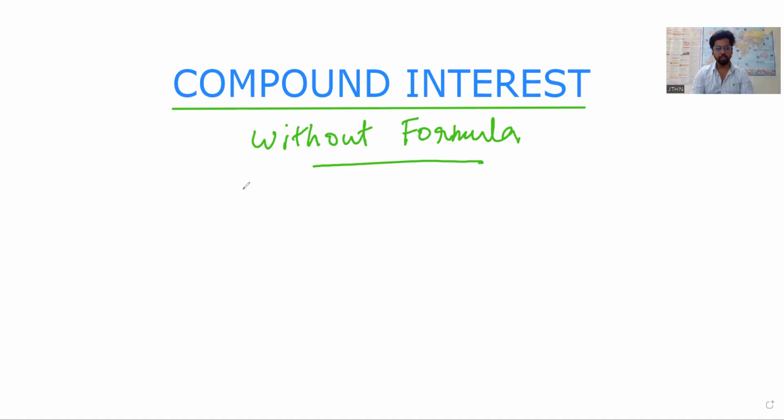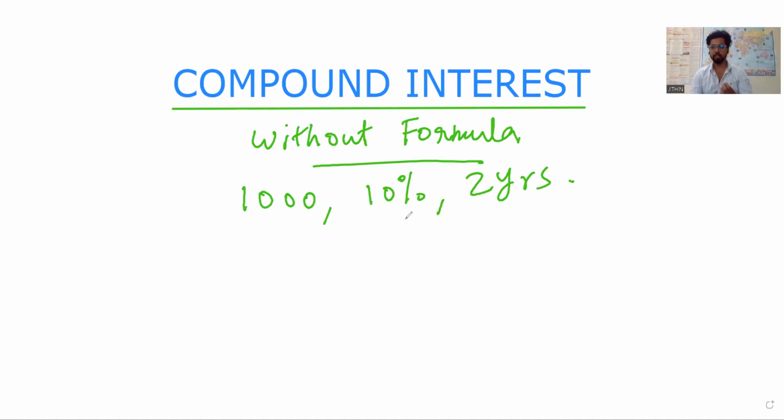So if the question is 1,000 rupees, 10 percentage interest compounded annually, and you need to find the compound interest for 2 years. So how can we solve this question?